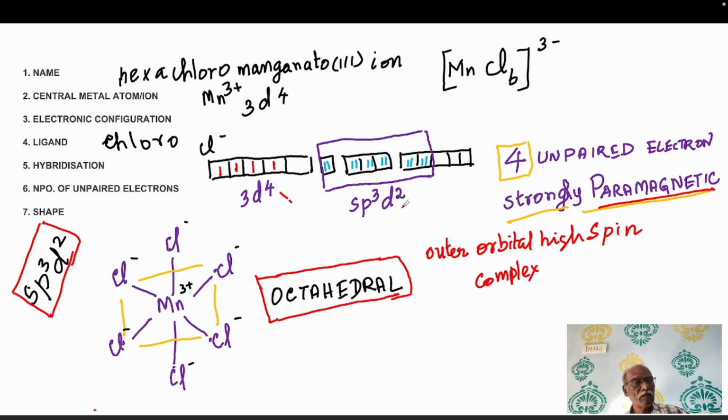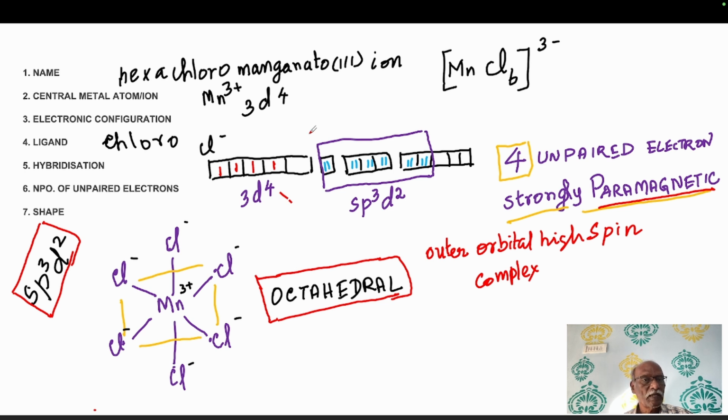All these 6 orbitals are equal in energy, size and shape. These sp3d2 orbitals repel each other, resulting in octahedral shape. Each one occupies a corner, which is a vertex of the octahedron.